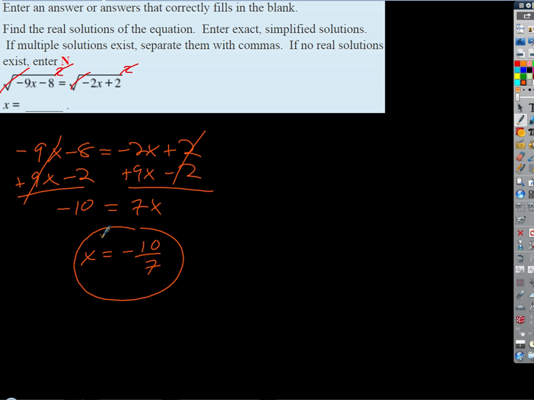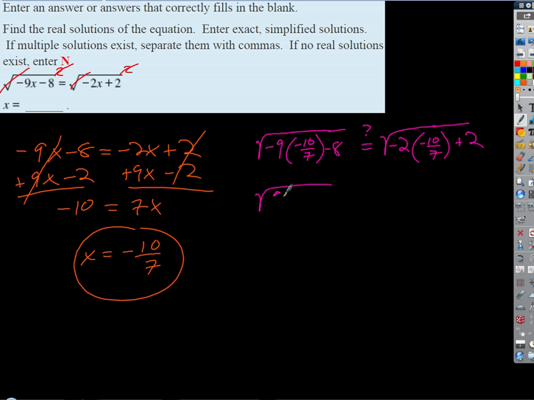Okay, well, I'd have to once again check that, see if it works. If I plug that into the original equation, I get the square root of negative 9 times negative 10 sevenths minus 8 on the left, equals, on the right, the square root of negative 2 times negative 10 sevenths plus 2. So what do we get under the radical on the left? Negative 9 times negative 10 is 90.